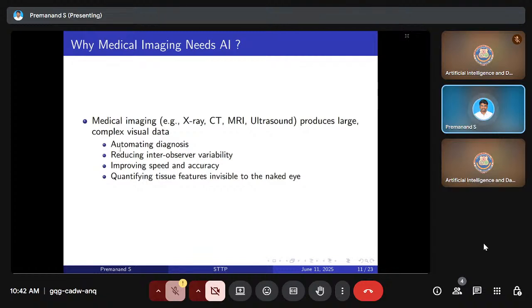We don't want to wait for the radiologist or wait in a queue to find out. If we have trained a model, and I insert the data for classification, it will clearly indicate whether I have an abnormality or a normal condition. Because of that, we go for artificial intelligence.